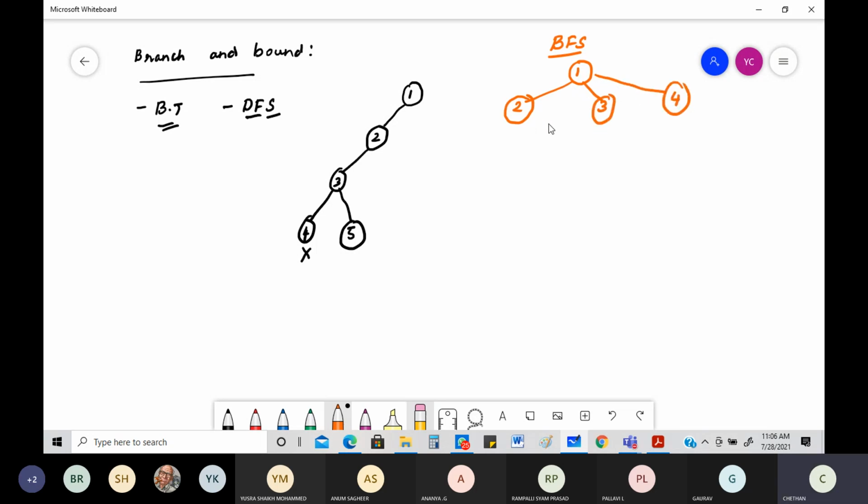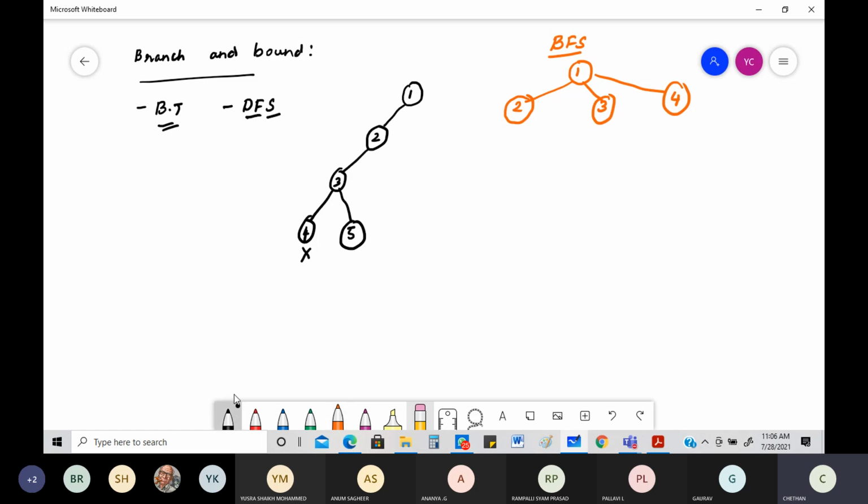You analyze each and every aspect of it, and only then you go to the next one. You don't keep on going down, and if this doesn't work, come back and backtrack, then do this, and if this doesn't work, come back and do another one. It's not going to work like that. It's going to work like this.